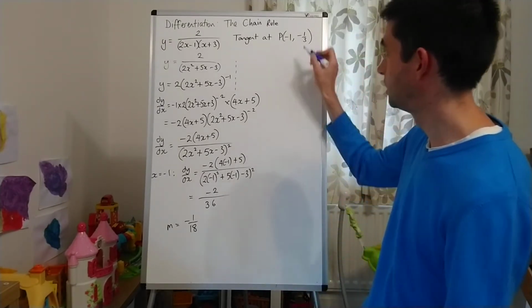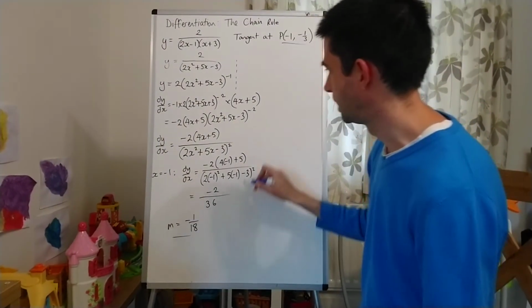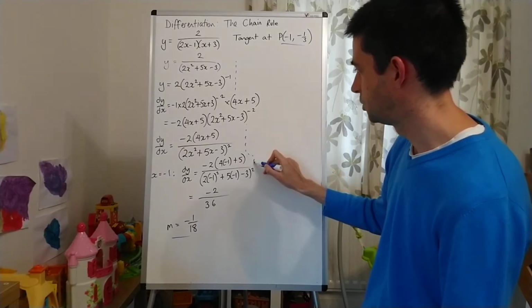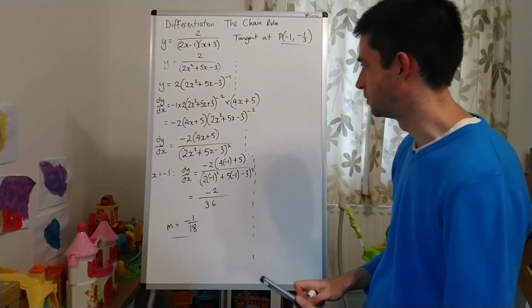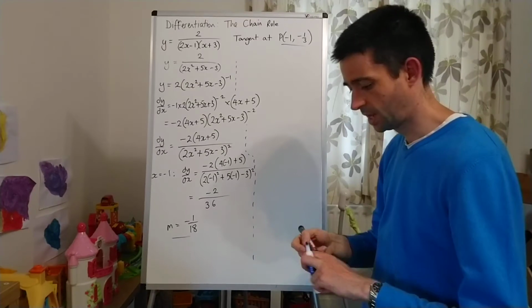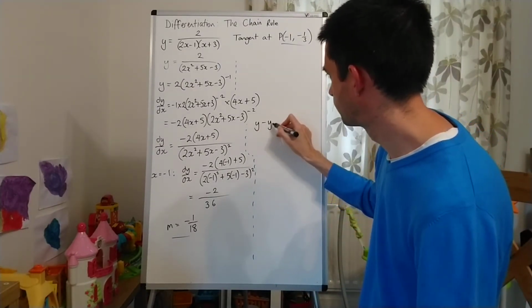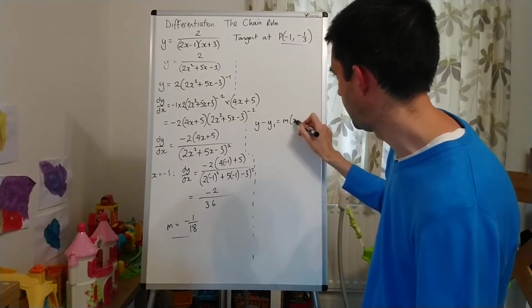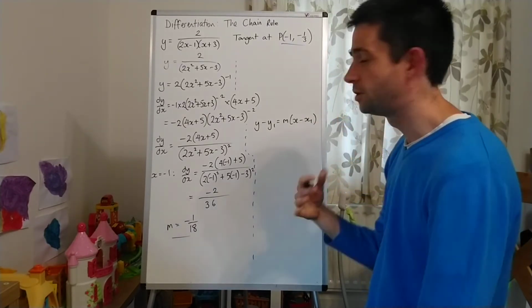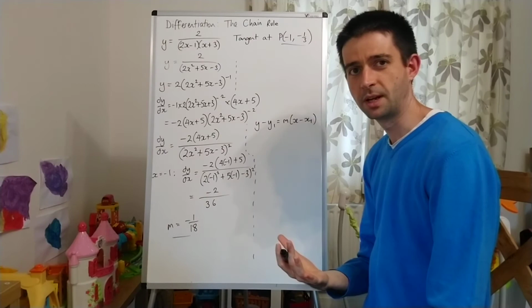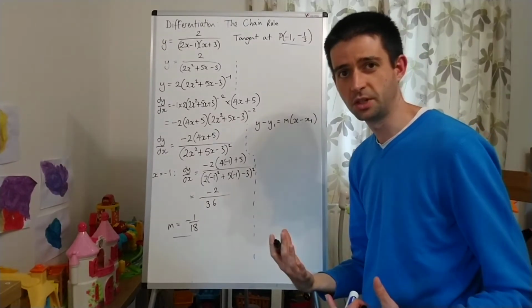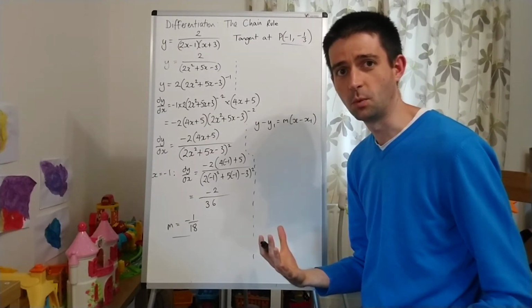So I've got my gradient, I've got my point, and I can now put that into my straight line general equation formula. Now remember, it's y minus y1 equals m(x minus x1). Don't start messing around with y equals mx plus c, because the form we've been asked to give our answer in is ax plus by plus c.